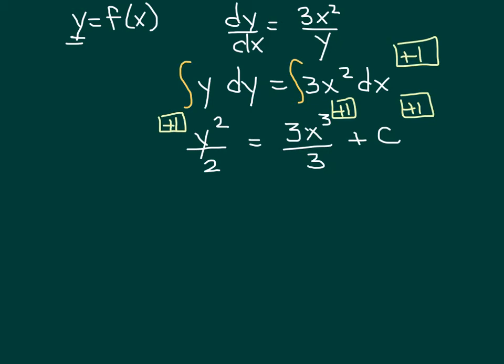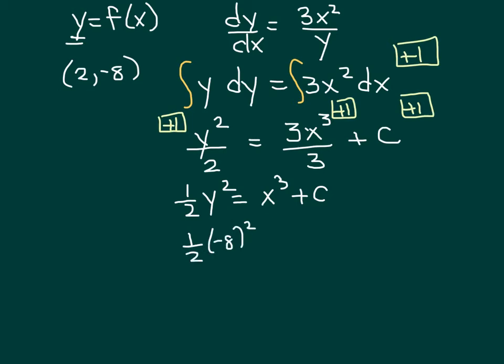Now, if I clean this up a little bit, I end up with 1/2 y squared is equal to x cubed plus c. Now it's immediately that I substitute the point that's given to us. So we're given the point 2, -8. So it's going to be 1/2 times -8 squared equals 2 cubed plus c.